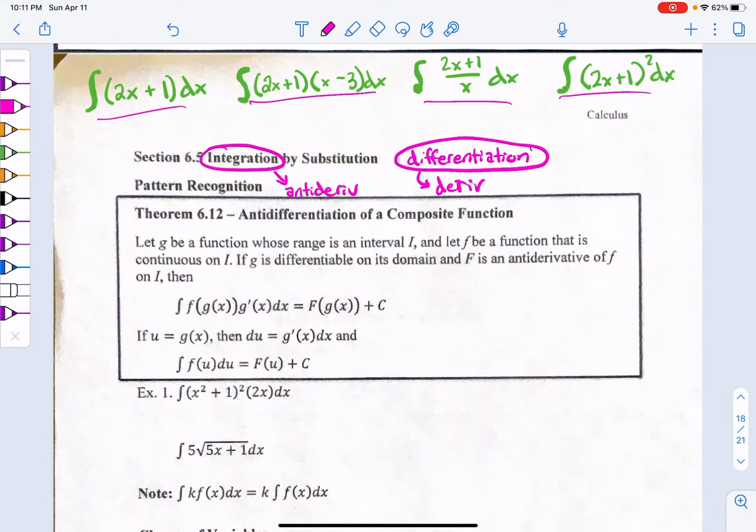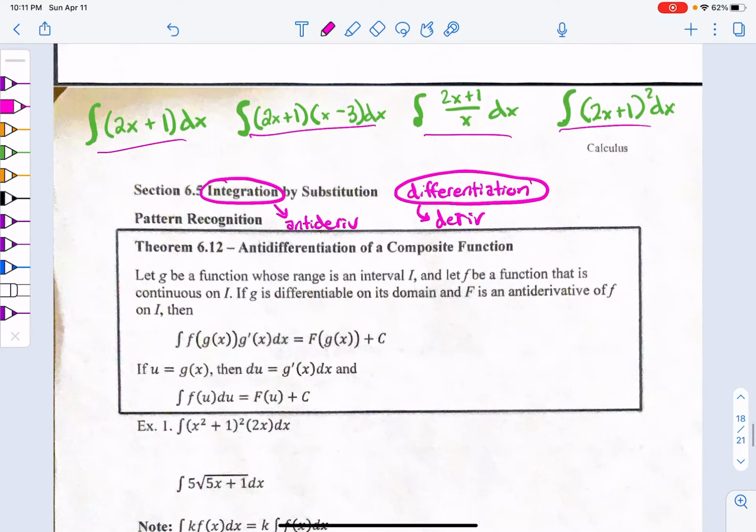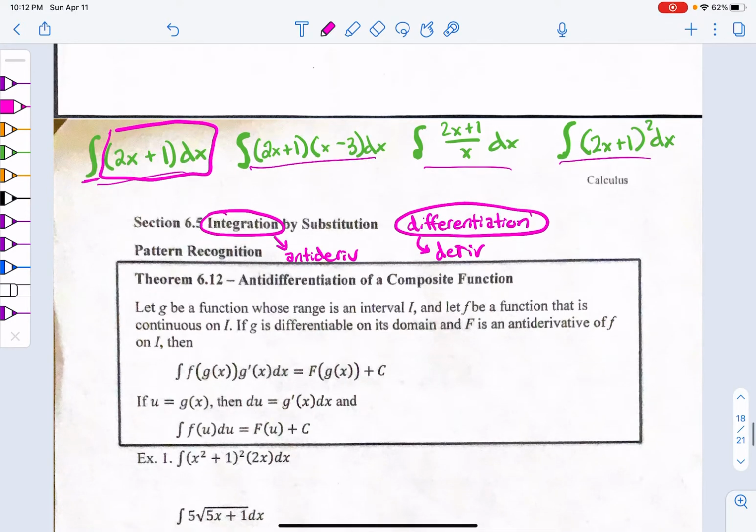When you're doing these integrals, this would be just the straight rule, 1 over n plus 1 x to the n plus 1. That's the basic rule for taking the antiderivative.